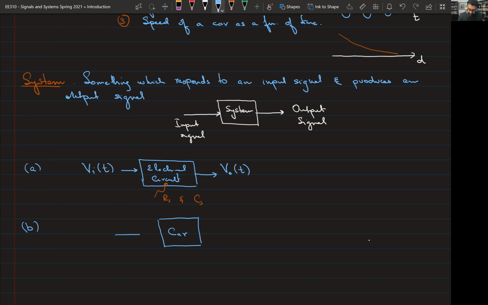And the input to that is, for example, the amount of fuel injected into the engine as a function of time, right? So this would be the input, and what the output is, is the speed of the car as a function of time.